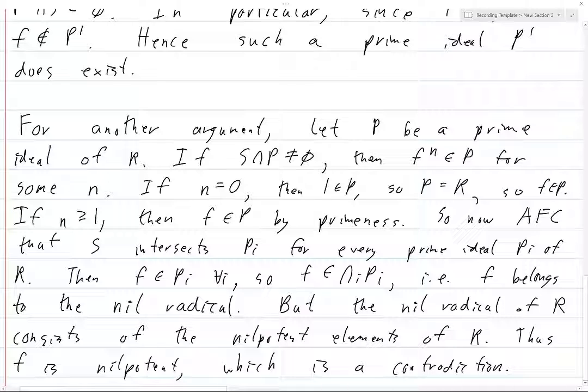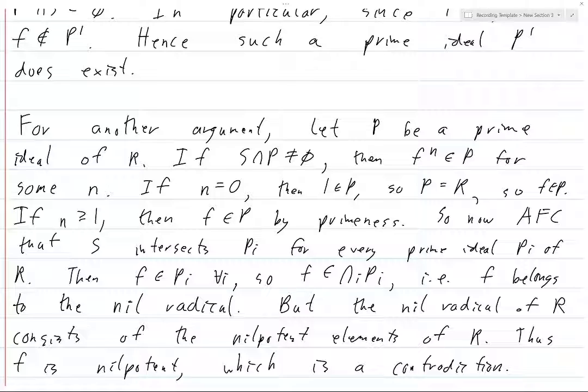So it does not intersect S, and in particular, it does not contain the element f. And so there we go. That finishes our proof, because we have some prime ideal which does not contain our element f.